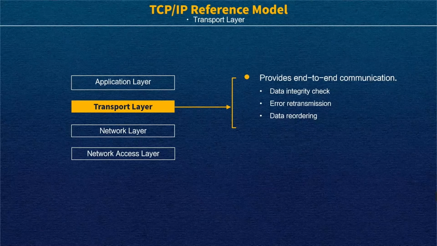And the third one is data reordering. Because all the packets have a sequence number, maybe some packets will reach the destination faster than others. We will reorder the packets according to the sequence number. And the typical protocols are TCP and UDP.